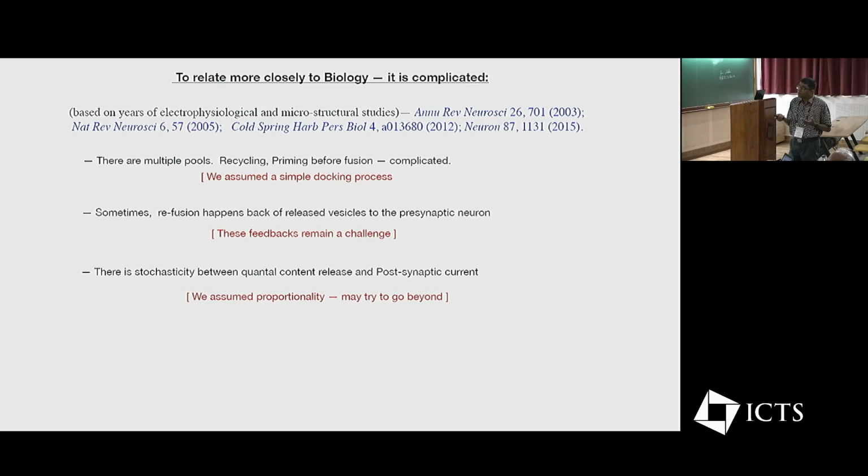Then there are complicated processes where the vesicles, after being released, come back and are reused. So there are feedback processes. Then what I am calling the quantal release gets converted into a current. In between that, there is stochasticity. So that also can be put in. But our point was that all these complicated things can be done once you have done something simple, and that is what we were trying to get to.